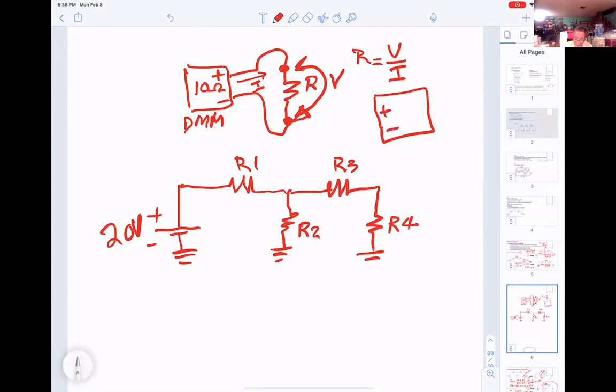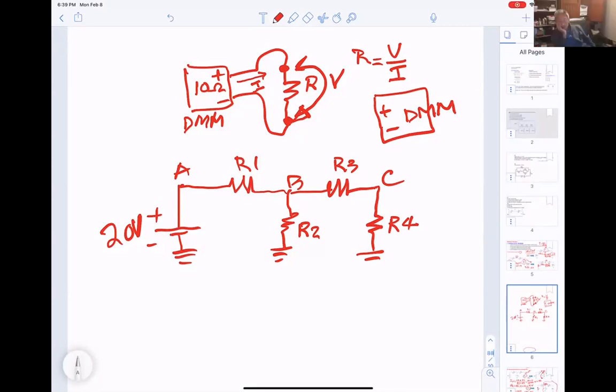Positive, negative, DMM. So how do we connect? I say points A, B, C. How do we connect the meter to measure R3? Positive to point B, okay, negative to point C. I want to measure R3.